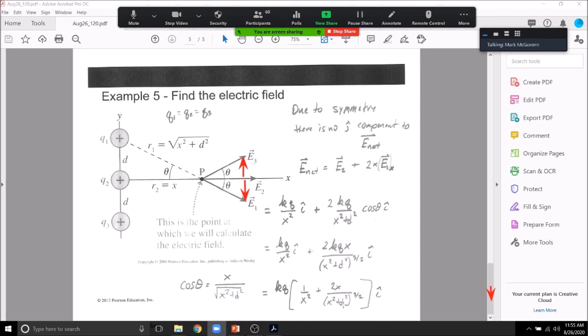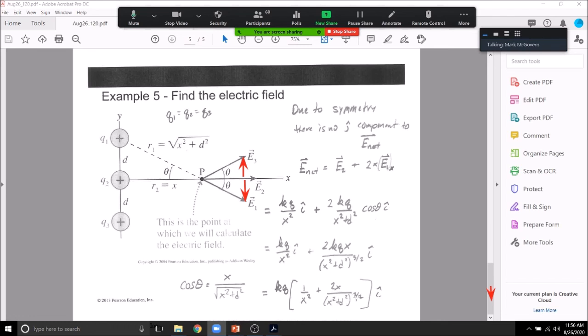Well, this d would be extraordinarily small with respect to x here. And so this sum, x squared plus d squared, is really just x squared. And then when you take the 3/2 power, you get an x cubed here. There's an x up top, there's an x cubed in the bottom, and you end up with a 2 over x squared.